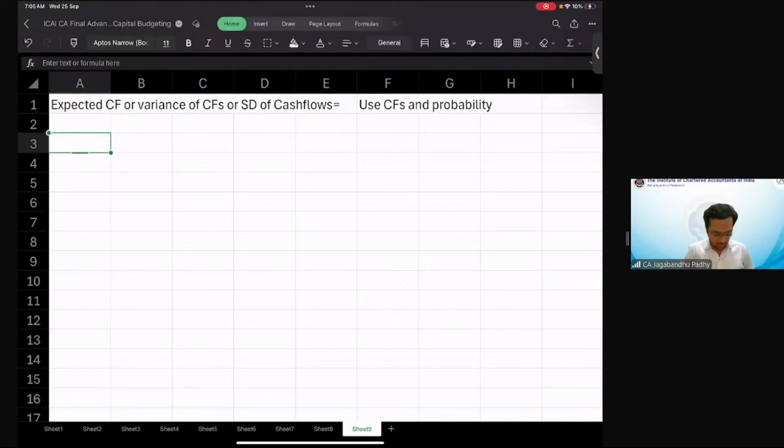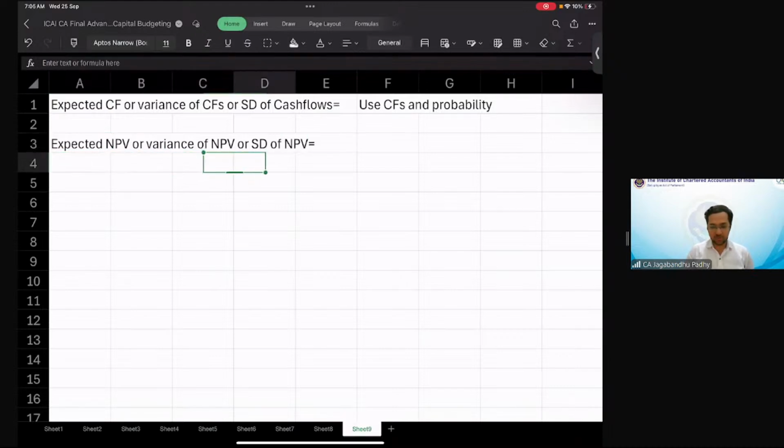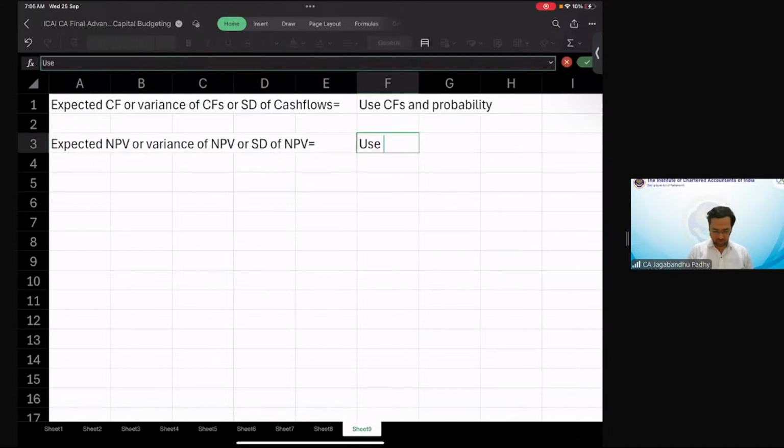Same way, if we are required to calculate expected NPV or variance of NPVs or standard deviation of NPV, then of course we are going to use the NPV, rather NPVs, because we'll have multiple NPVs and their probabilities.